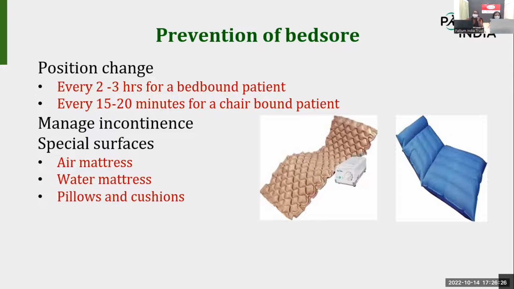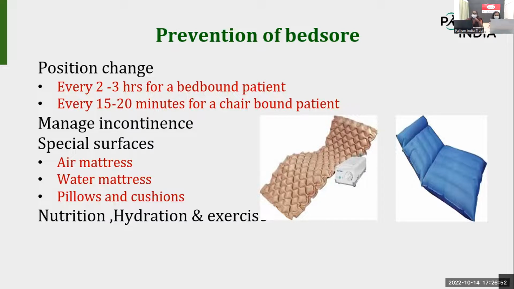So if they are not able to turn the patient after putting on that air mattress, definitely after 1 week, the patient will develop pressure ulcer. This is one of the important messages you have to convey to the caregivers and the patient about using an air mattress or water mattress. And you can also advise using pillows and cushions under the bony prominence.